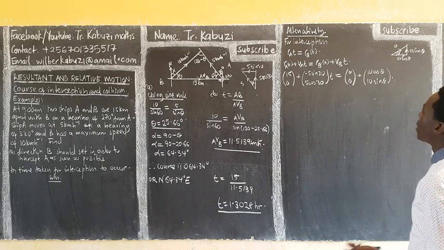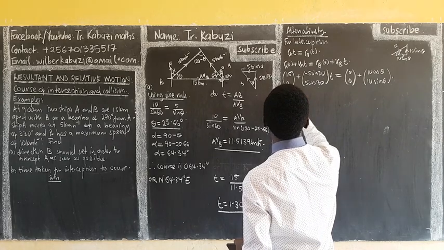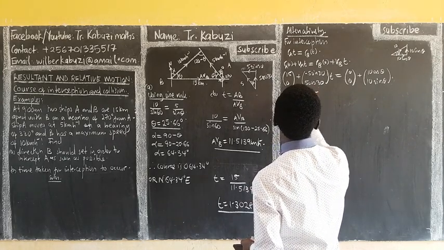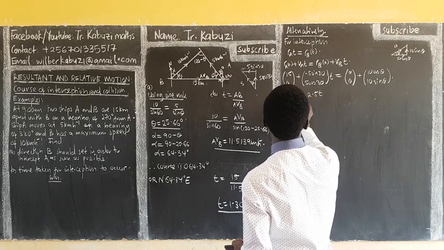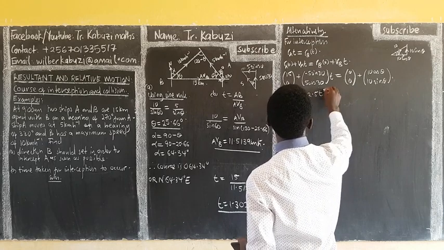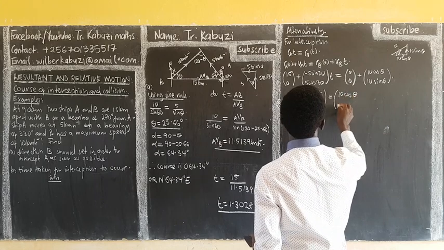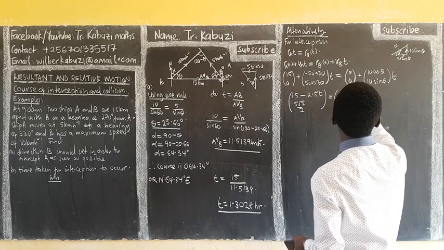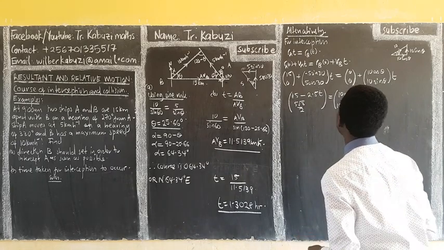So from there you can see we have 15 minus 2.5 t, then this will be 5 root 3 over 2 t, equaling 10 cos theta t, 10 sin theta t.